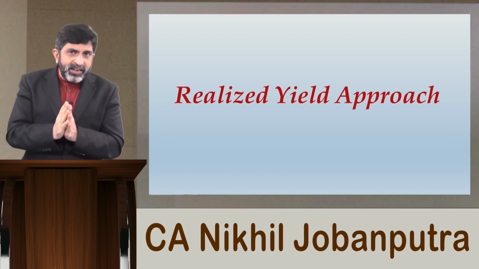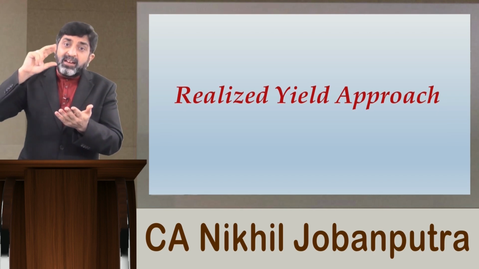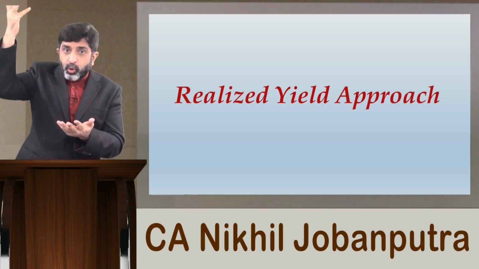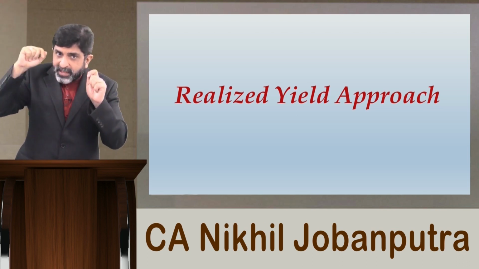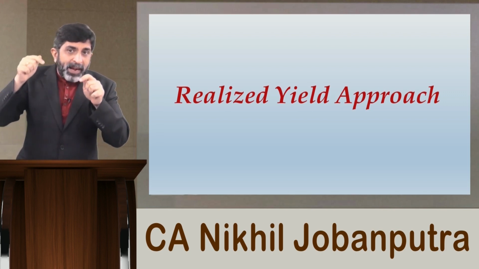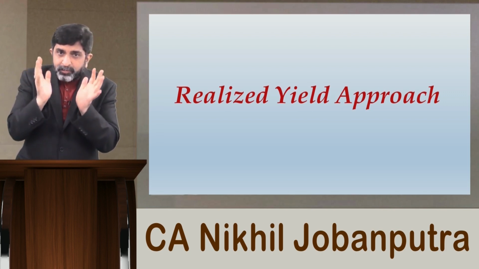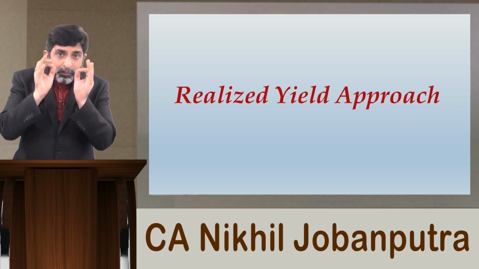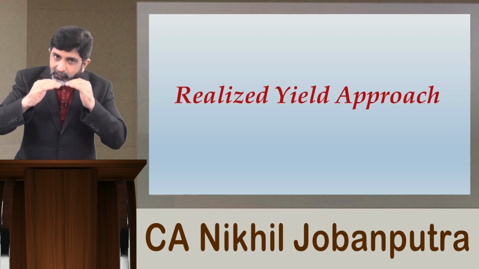What is the logic behind that? D1 and P1 are the expected values by the end of the year. We have yet to see those values. We don't know what they will be, they are just expected. And the base price P0 is the price prevailing now. Realized yield approach applies the same thing but a little differently.